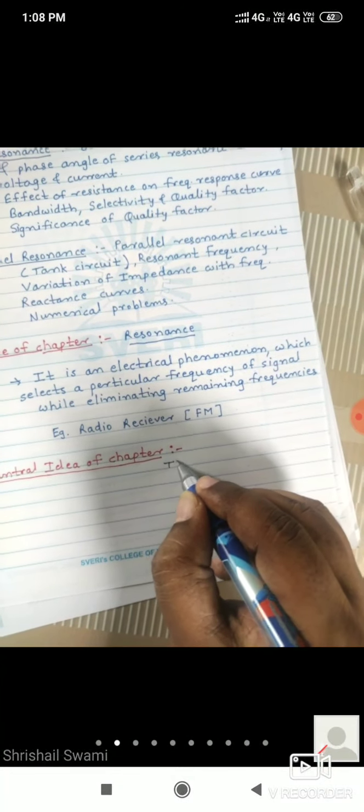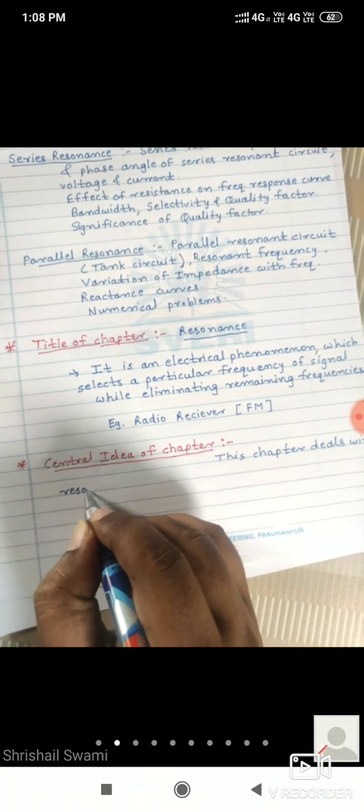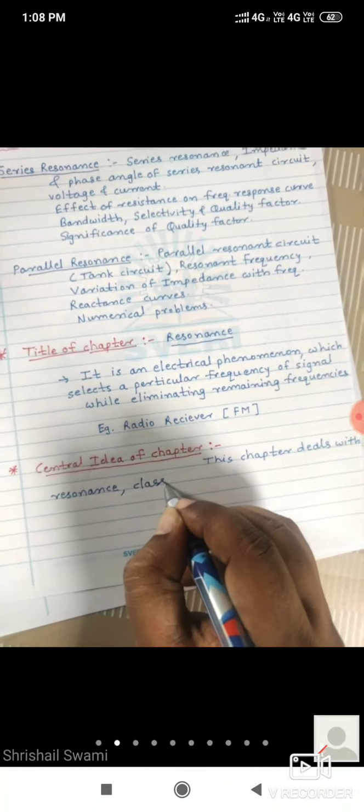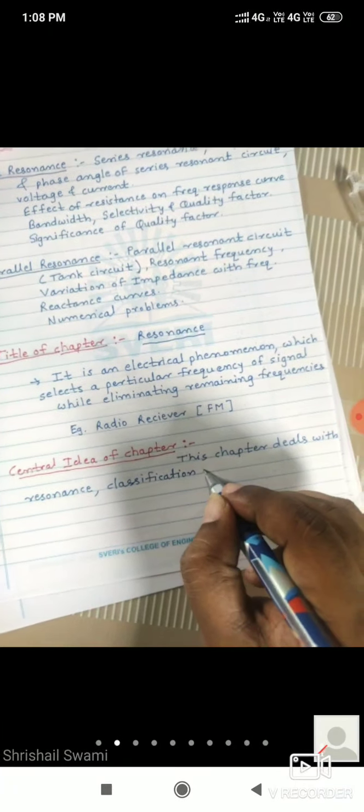This chapter deals with resonance, classification of resonance. So what are the two types here? Series resonance and parallel resonance, as you observed in the syllabus point. Okay, so that comes under classification of resonance.